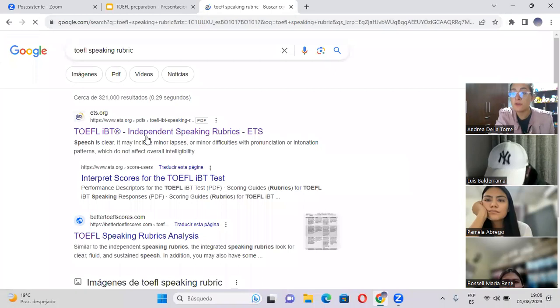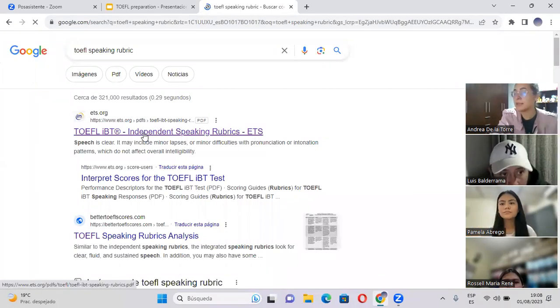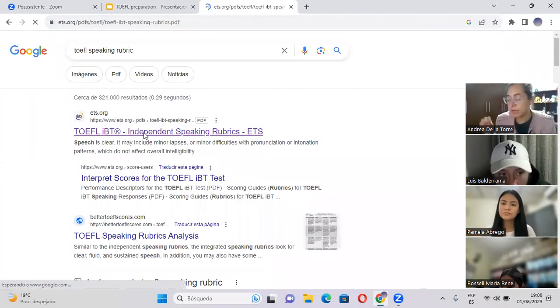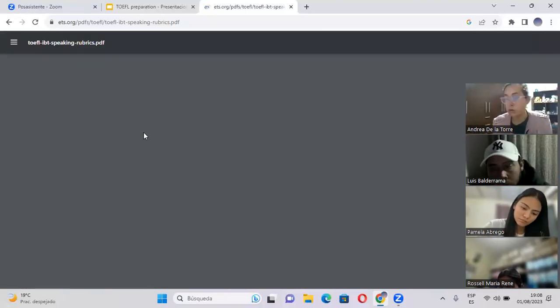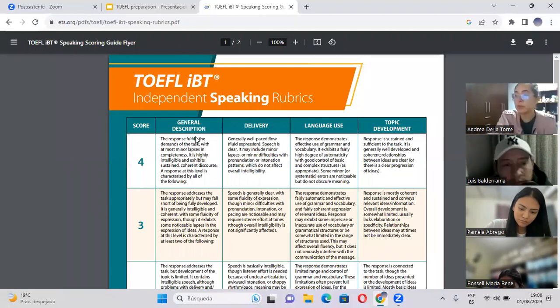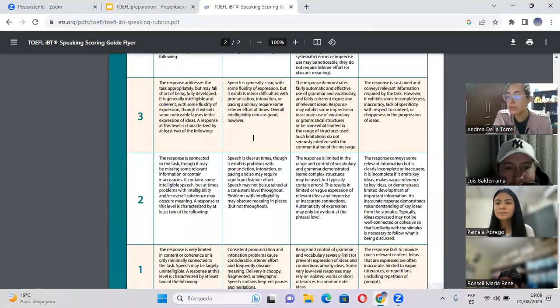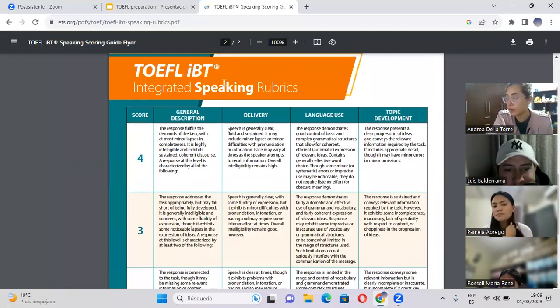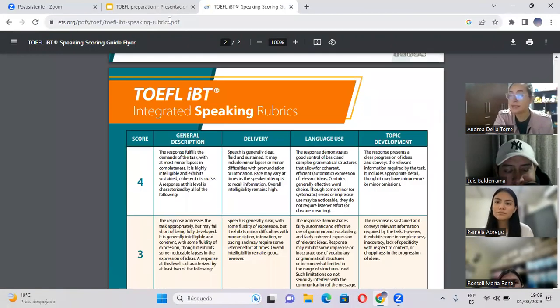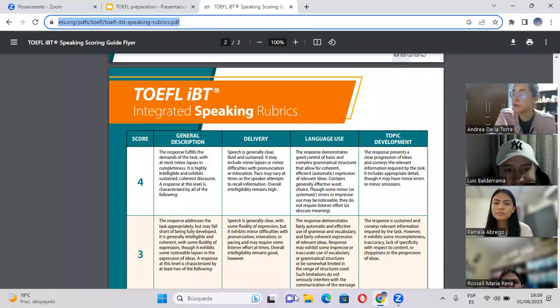So this is official. They basically give you the criteria, they explain exactly what they want for you to get a good score. You have a description for the independent speaking and another one for the integrated questions, okay? But I'm gonna summarize this for you, and I'm gonna send you the link if you wanna check it out.